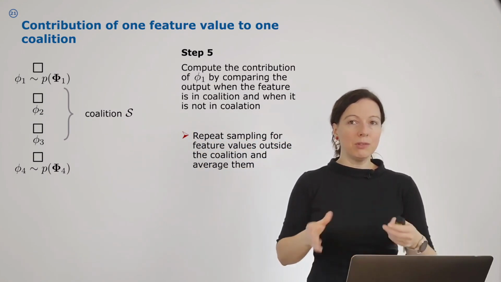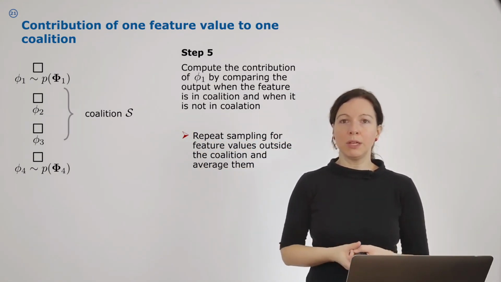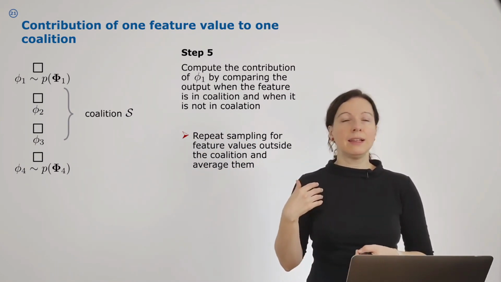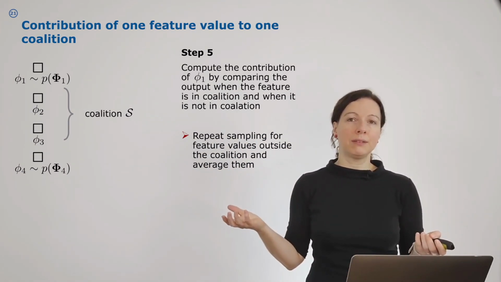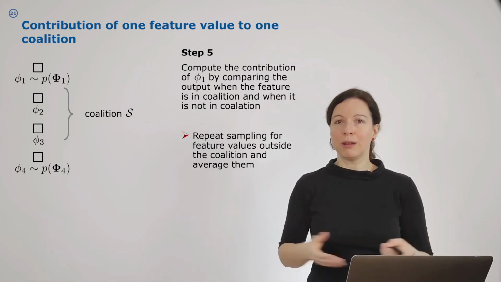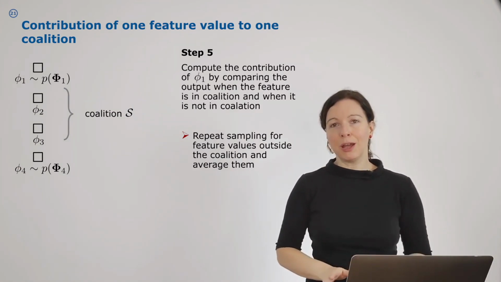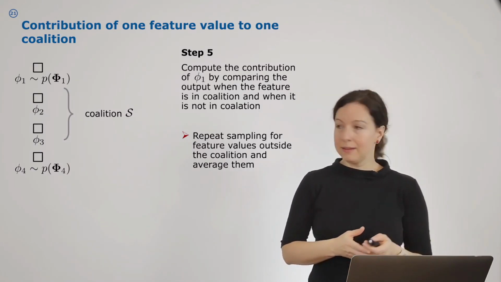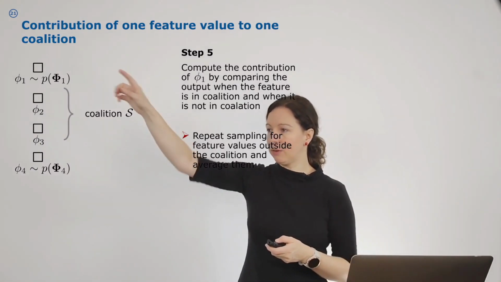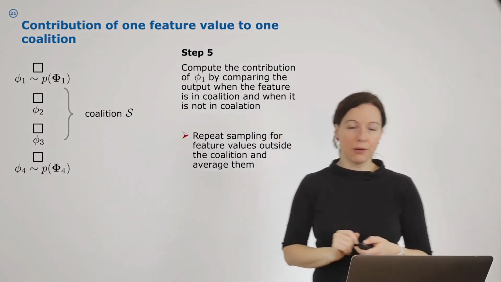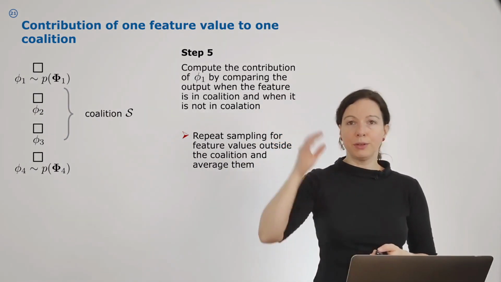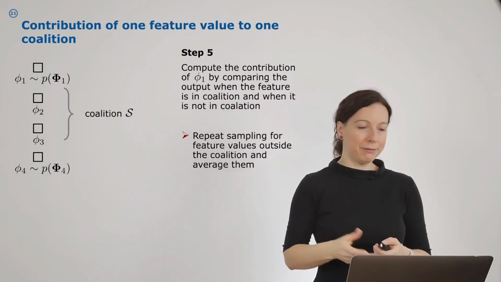But mostly this is too time consuming, so you can restrict yourself to, let's say, randomly sampling 100 times, depending on how much time you have and how complex your data set is. Okay, so repeat, of course, the whole procedure, and you do this for phi 1 and for phi 4.